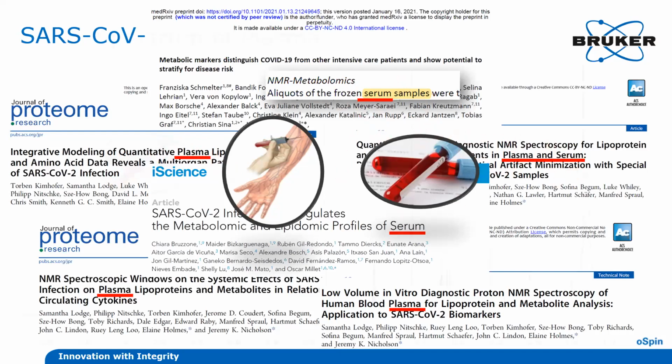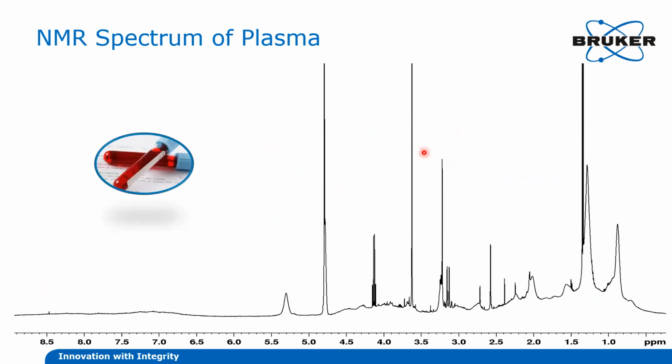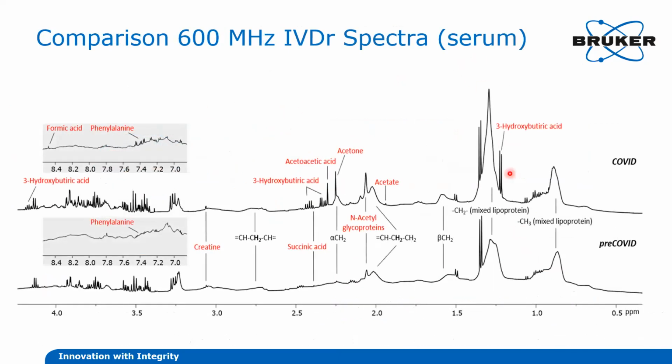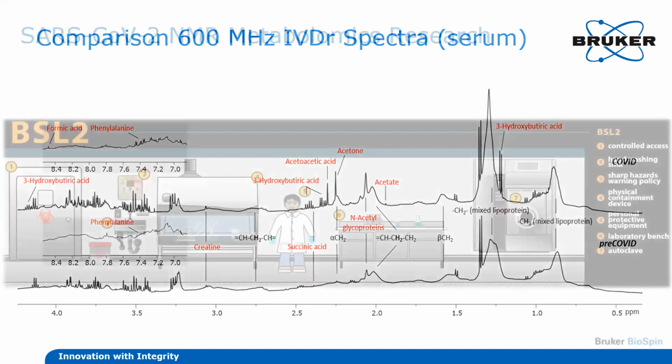This is an example of the plasma NMR result, and this is another example, a serum NMR spectrum from COVID-19 patients. The lower trace is from a healthy control, which is pre-COVID. The fingerprints are pretty complex, but very informative.